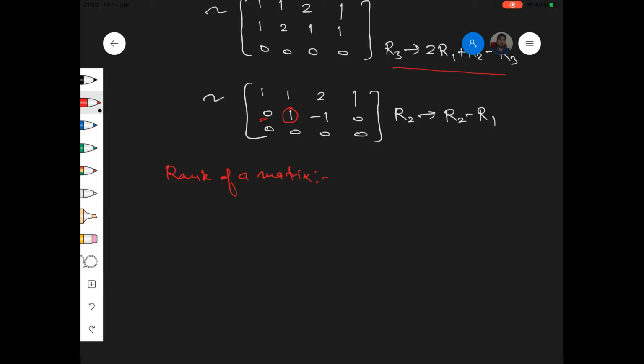So suppose A is a matrix, then the rank of A is the number of non-zero rows in its echelon form.